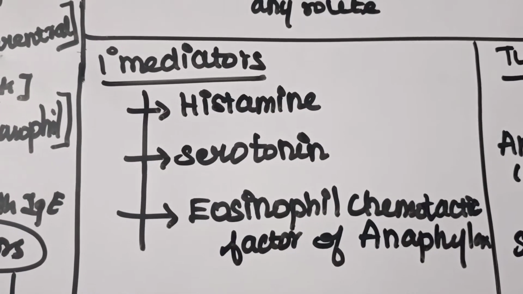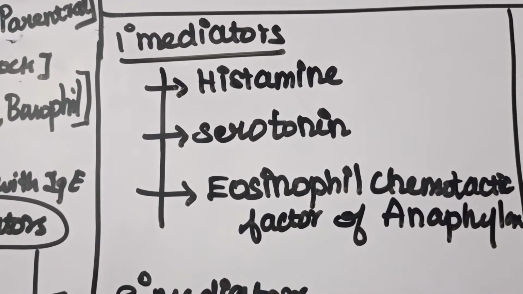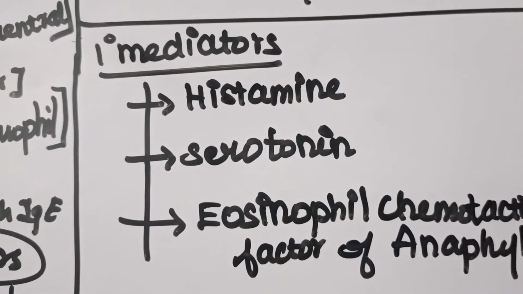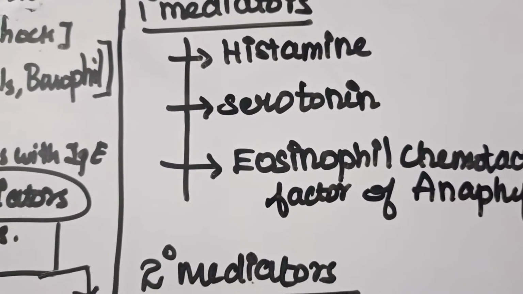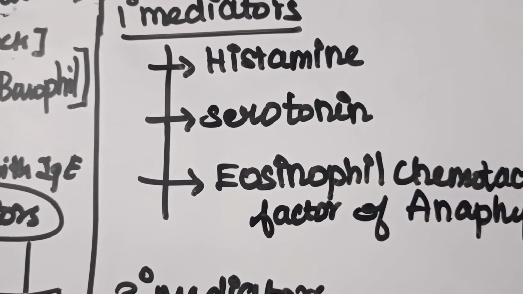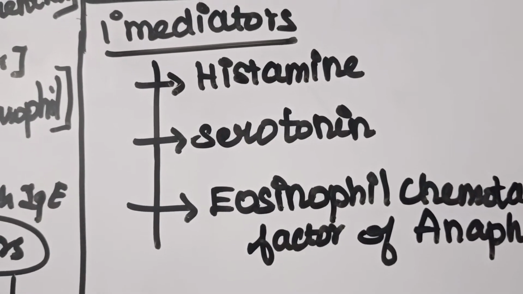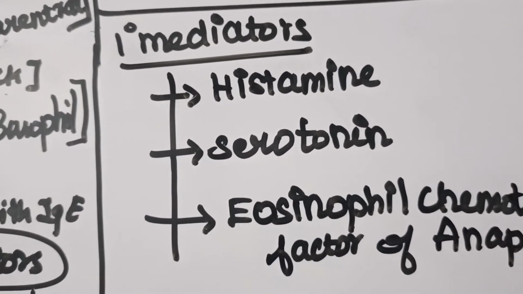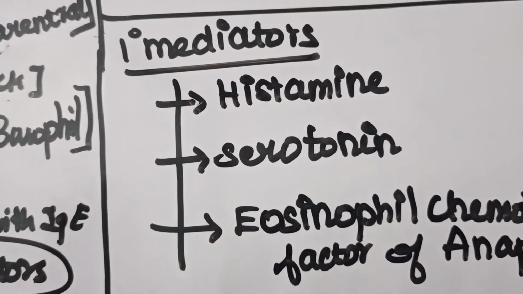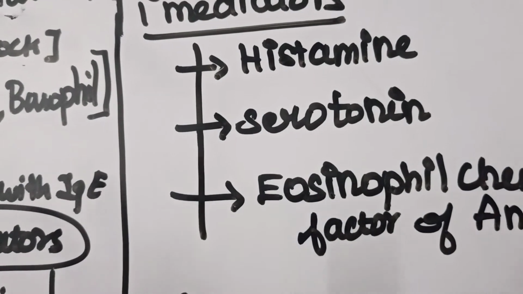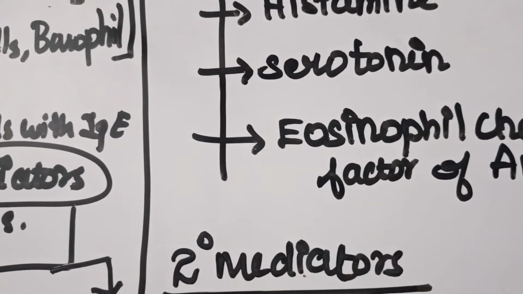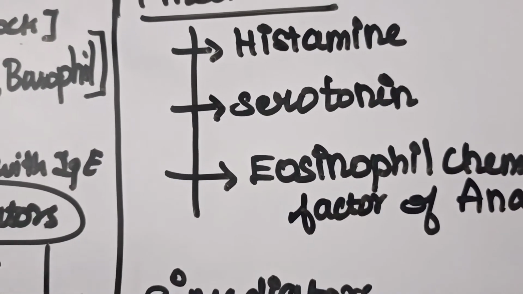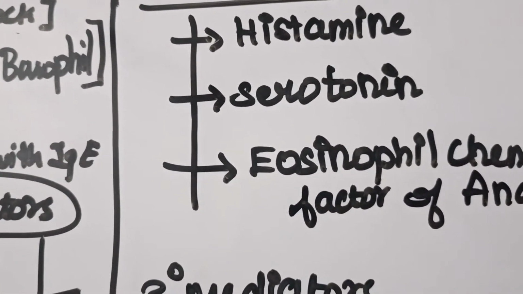As I said, these primary mediators are histamine, serotonin and eosinophil chemotactic factor of anaphylaxis. So what is histamine? It causes vasodilation and contraction of smooth muscles, and this is the most common human anaphylactic primary mediator. Then serotonin is just the opposite of histamine: histamine causes vasodilation, whereas serotonin causes vasoconstriction.